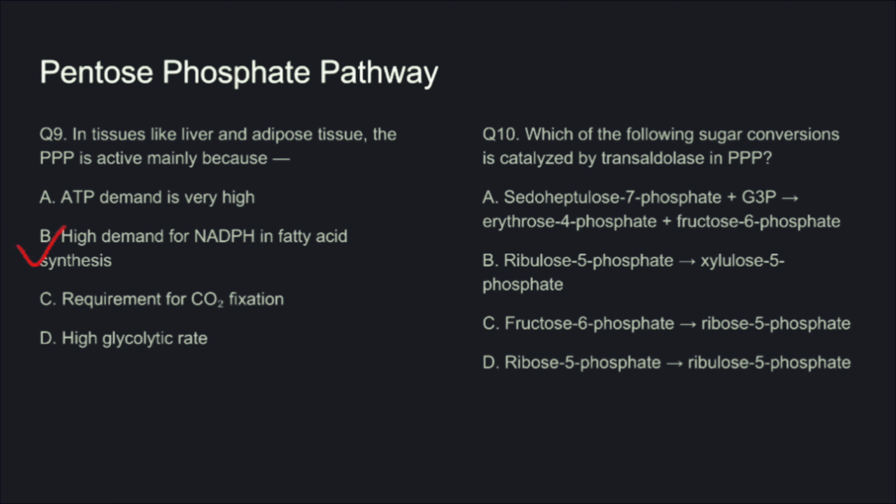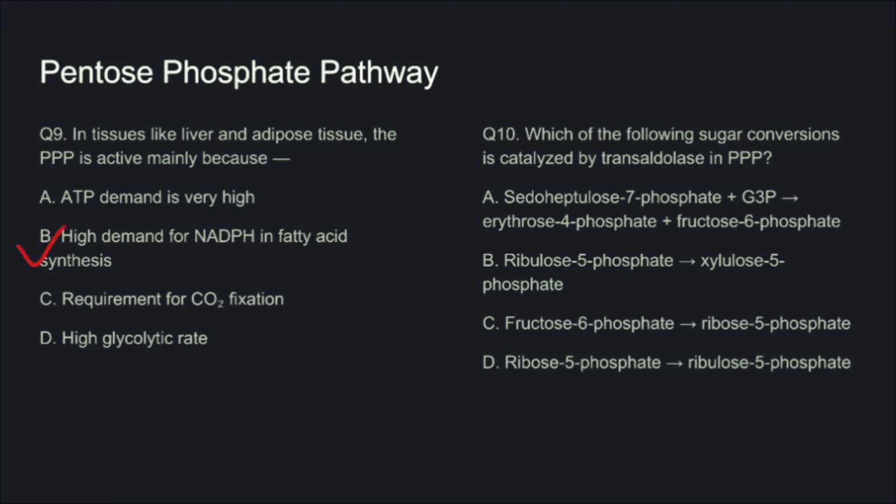Now question 10. Which of the following sugar conversions is catalyzed by transaldolase in PPP? Options are A. Sedoheptulose 7-phosphate plus 3-GP gives erythrose 4-phosphate plus fructose 6-phosphate. B. Ribulose 5-phosphate gives xylulose 5-phosphate.